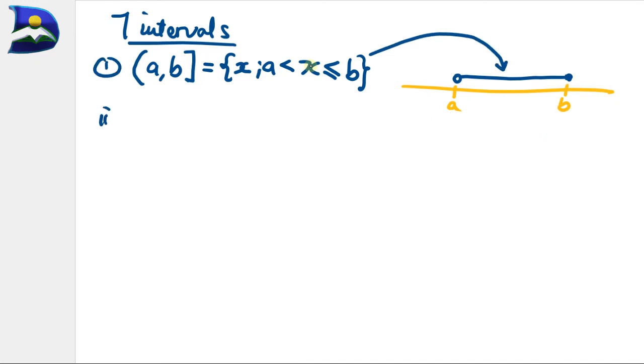Now the next one here is what if you're given the edge to be A as the bracket, and at the other end B with a curved bracket.